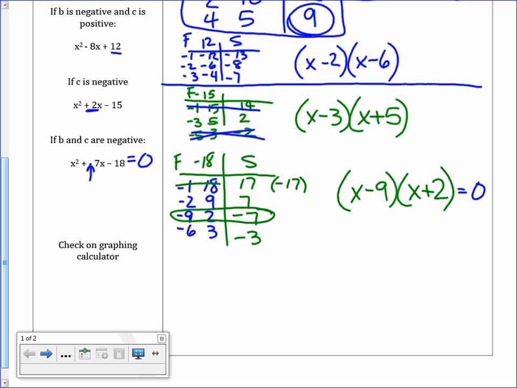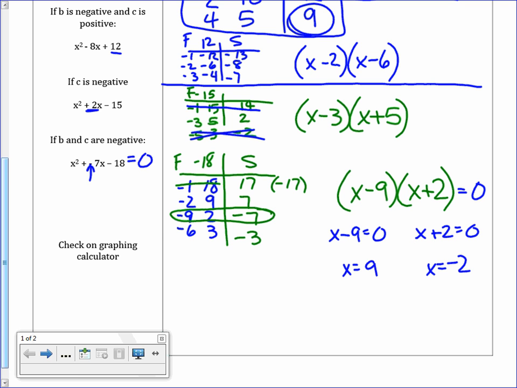Then I could say x minus 9 equals 0, x plus 2 equals 0, using that 0 property that we just had in our previous notes. And so I could say here that x equals 9, and here I would say x equals -2.